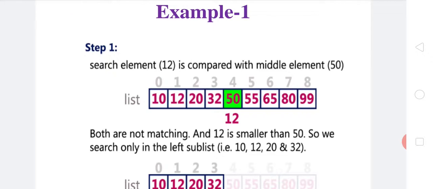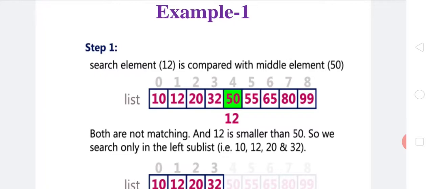The formula is middle equals beginning plus end divided by 2. Here the beginning index is 0 and the end index is 8, so mid equals 0 plus 8, which is 8, divided by 2, which is 4. So the middle is 4.